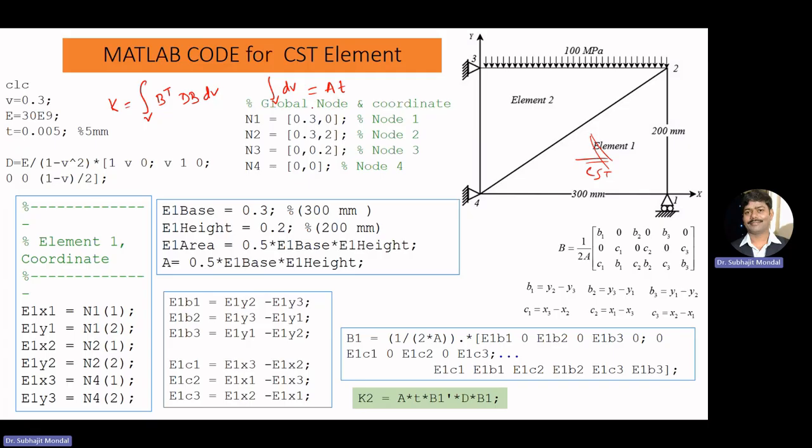So this will give you the volume. So here this part we can write A times T, then in bracket B transpose D B. That will be your K matrix for element 1.